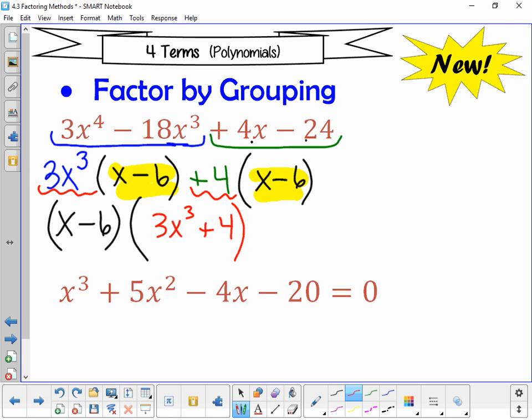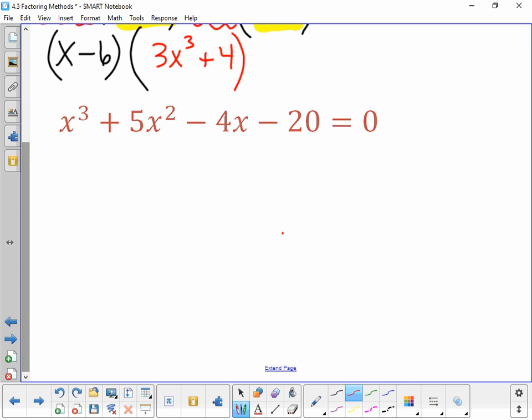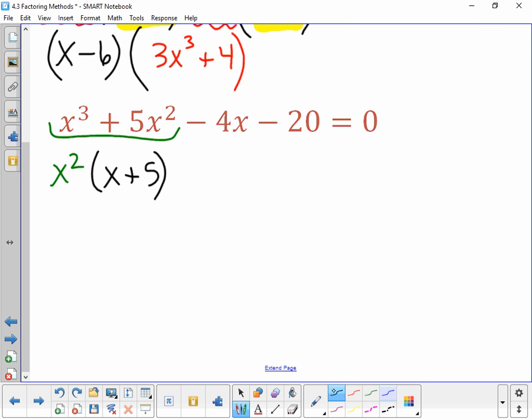Let's do that in an equation now. X to the third plus 5x squared minus 4x minus 20. So in the first group, I notice they have an x squared in common. If I factor that out, it leaves an x plus 5. Second group, well, these are negative. I'm going to factor out a negative 4.